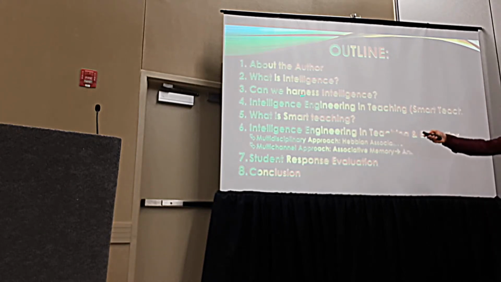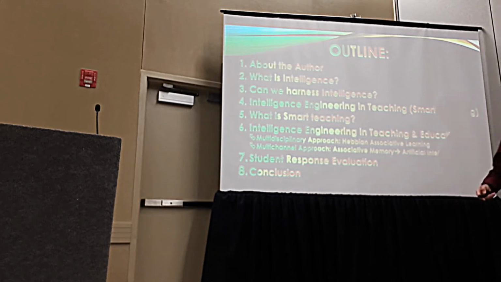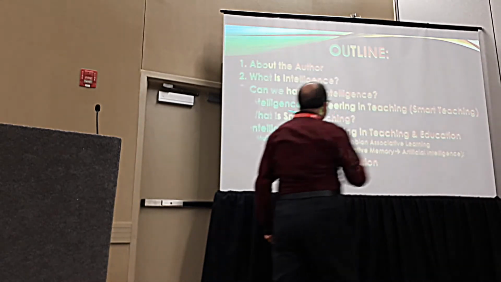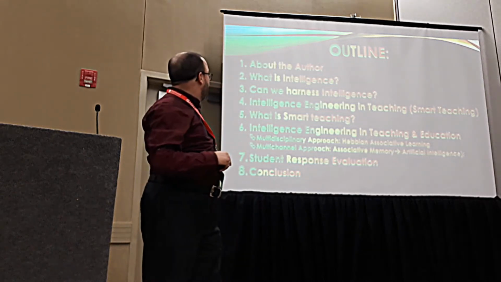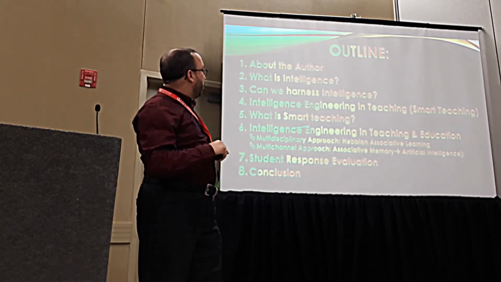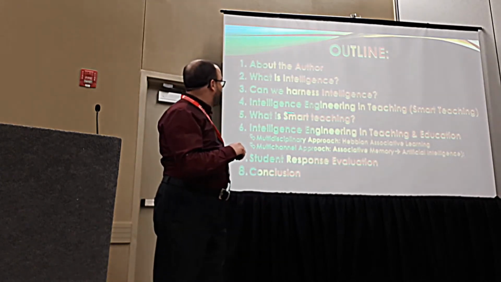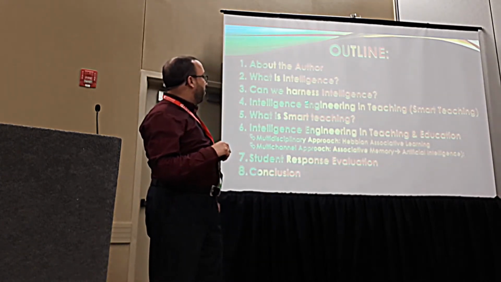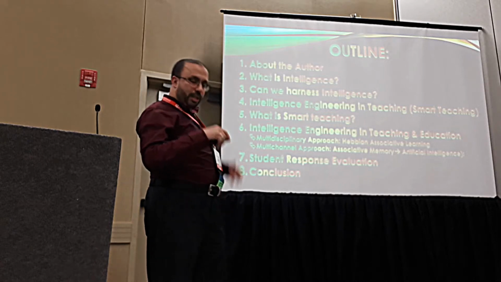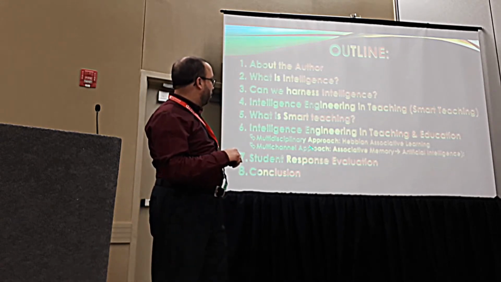Then from harnessing, I jump into the application of intelligence engineering in teaching. Then we define what we mean by smart teaching, and why it's necessary. From there we get to the exact approach, which is divided into 2.